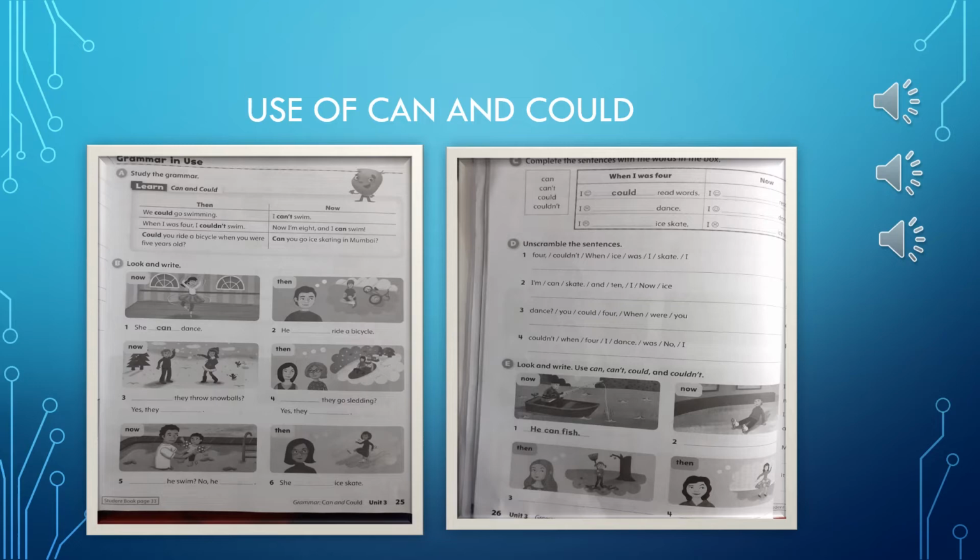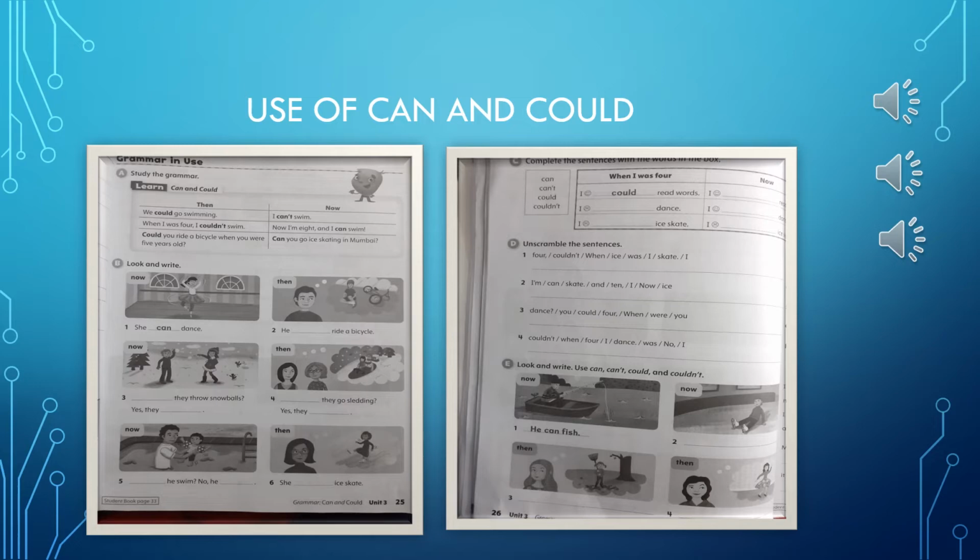Okay students, now come to the D part, all of you. Unscramble the sentences. Number one: you have to unscramble these sentences.